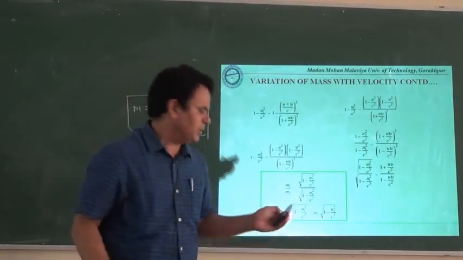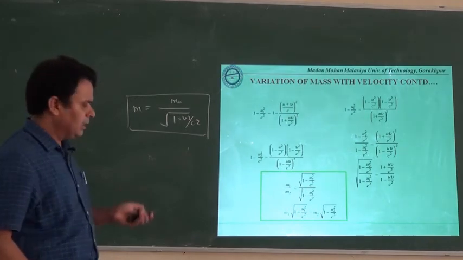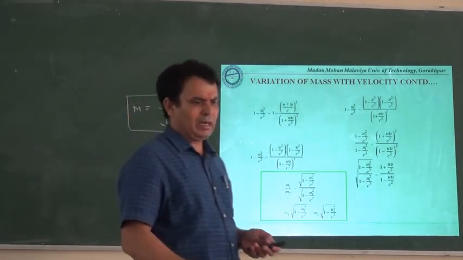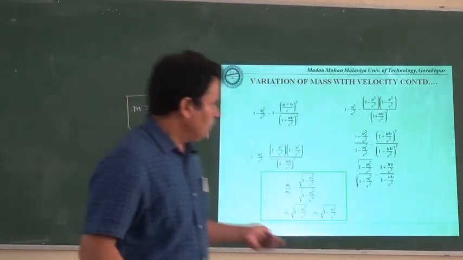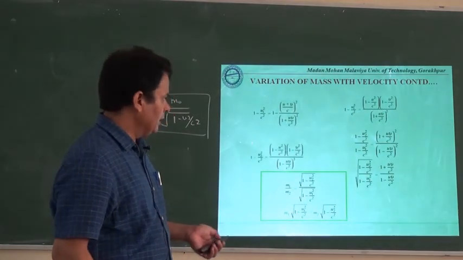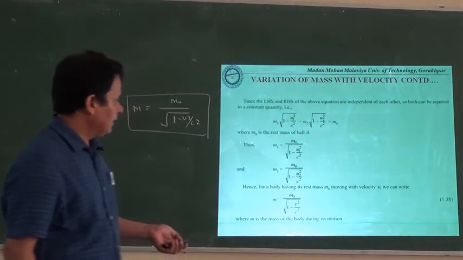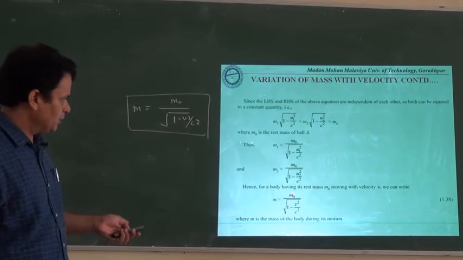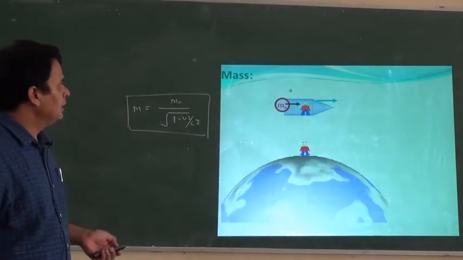We might have used this particular expression in so many earlier cases in our lower classes, but here we have taken the derivation, how we can derive the expression, and finally you may see here this is the expression for the variation of mass.